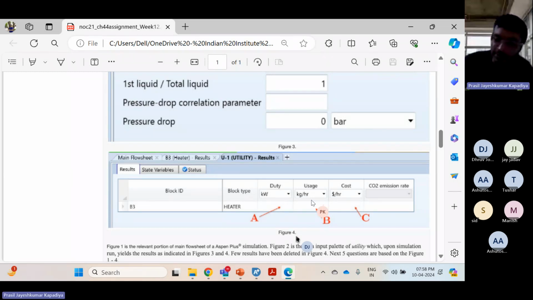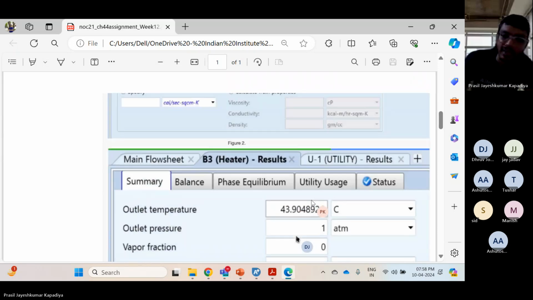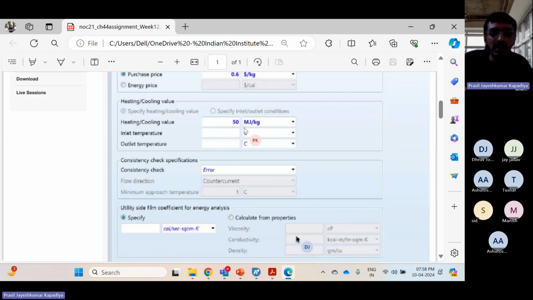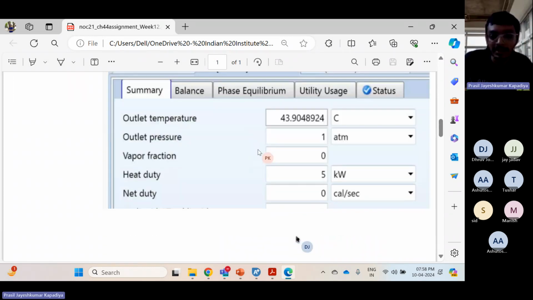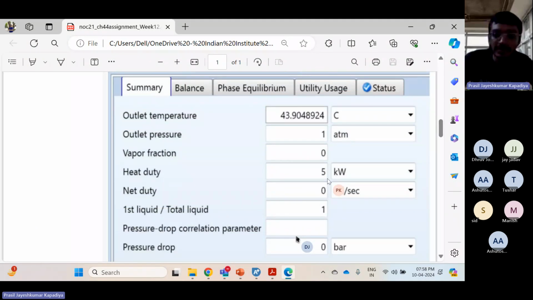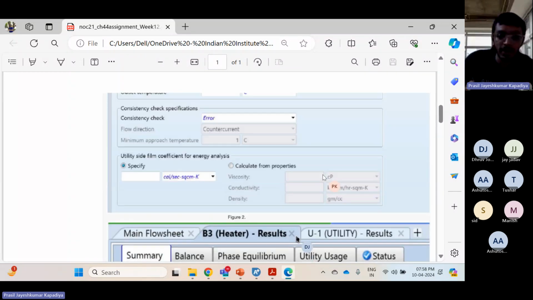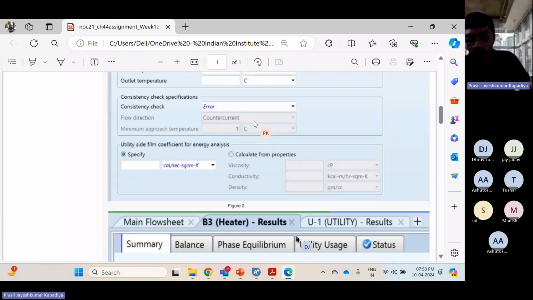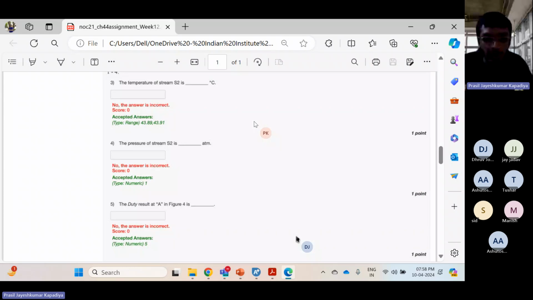Did you get it? This one is kilowatt, so that is kilojoule per second. And this one is megajoule per kg, so this is basically 50 into 10 raised to 3 kilojoule per kg. And this is 5 kilojoule per second. So 5 kilojoule per second divided by 50 into 10 raised to 3 kilojoule per kg will be kg per second, and you need to convert kg per second to kg per hour.